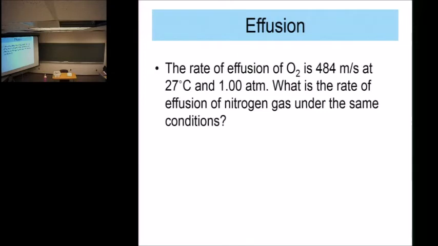So R1, which is 484, divided by your R2, which we don't know, equals the square root, right?